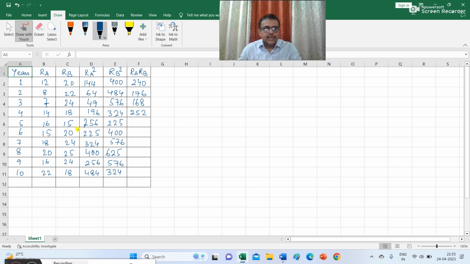Next, 16 multiplied with 15 is 240. 15 multiplied with 20, you will get 300. 18 multiplied by 24 is 432. Then 20 multiplied with 25, you will get 500. Then 16 multiplied with 24 is 384. And 22 multiplied with 18 is 396.